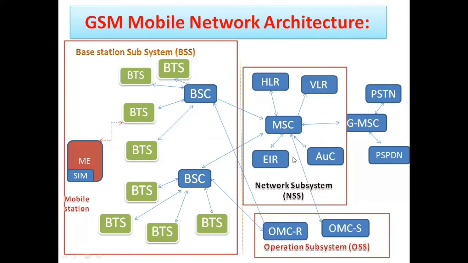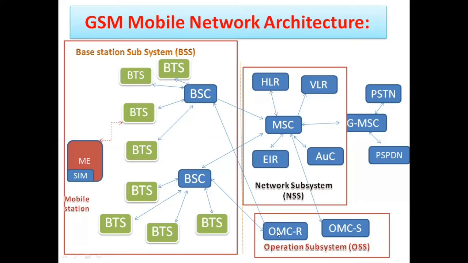Then, to monitor the whole network, we have two different interfaces: OMCR, Operation and Maintenance Center for Radio System, and Operation and Maintenance Center for Switching. The OMCR is responsible for monitoring the whole base station subsystem.